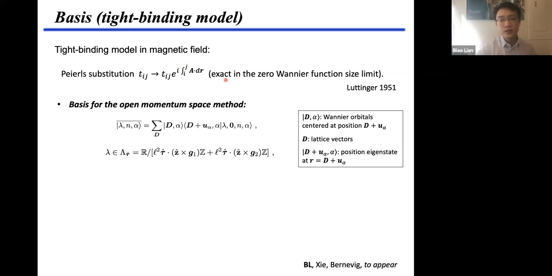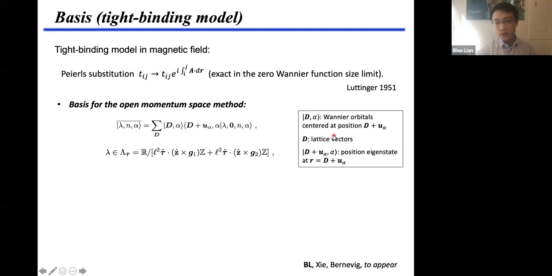I just want to mention that this Peierls substitution only becomes exact in the zero size limit of the Wannier wave functions. But here we don't need that assumption. This is just the original proof of the Peierls substitution. So for the basis of the open momentum space method for a tight-binding model, the basis can be defined by embedding the model in the real space, in the continuum space.